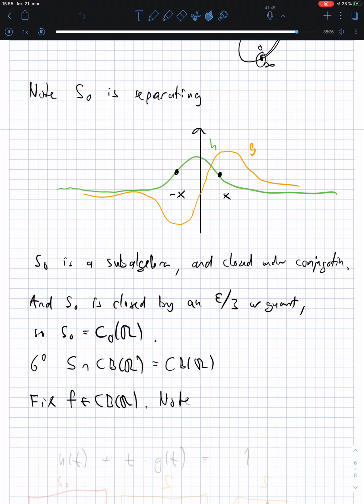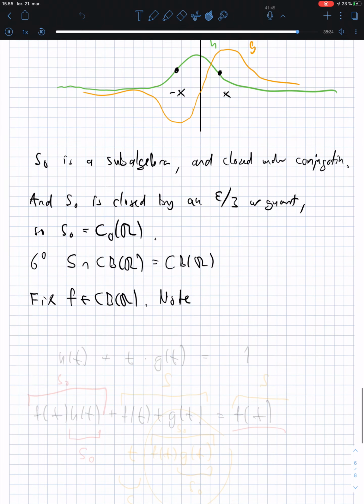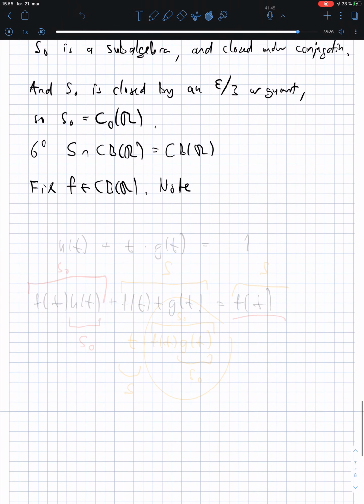And now I note, from something that we've already done, that if we take the function h and add to that t times the function g, we get the identity. Right?